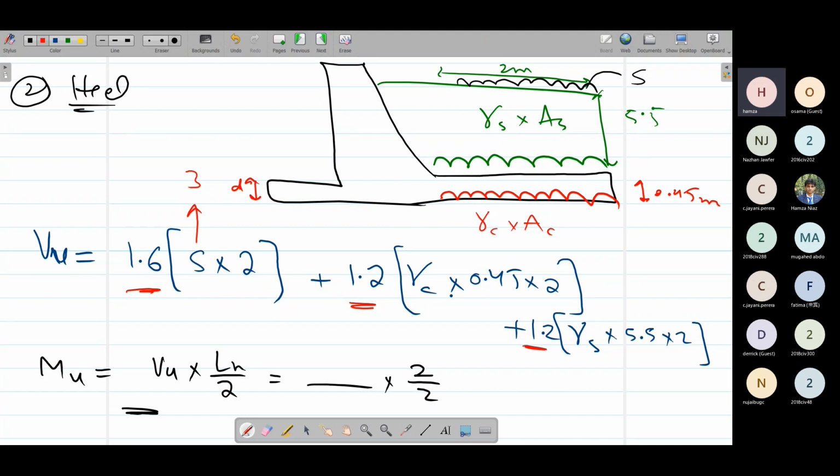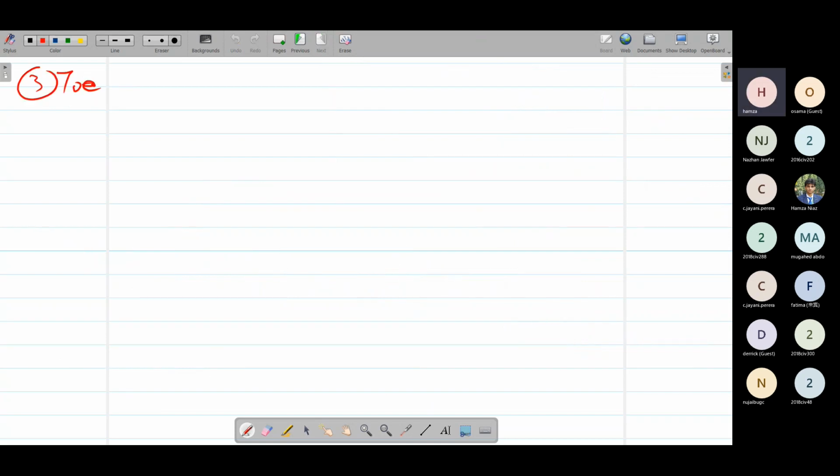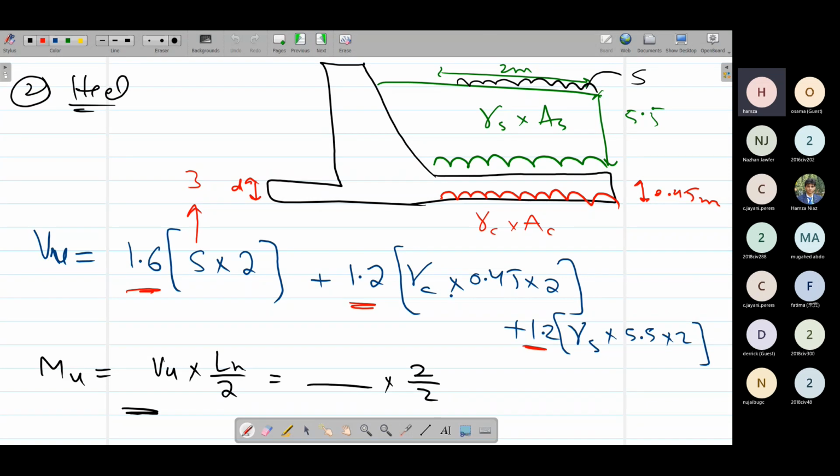So first we calculate the shear force for both heel and toe. Then we check the shear force against punching shear, and if it is satisfied, we use that d value to calculate this steel. Otherwise, we revise the d value. So first we have to design both heel and toe and the base slab, and afterwards calculate the steel for heel and toe, because we are going to provide a uniform thickness.